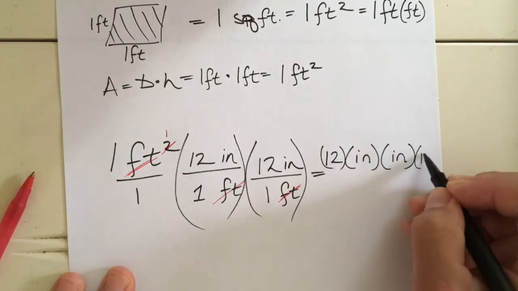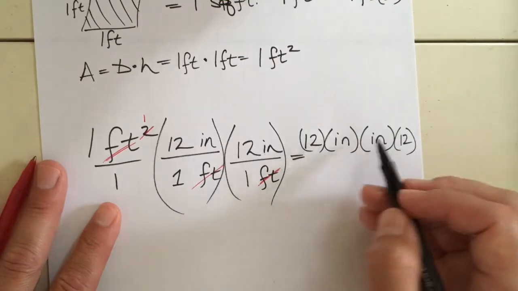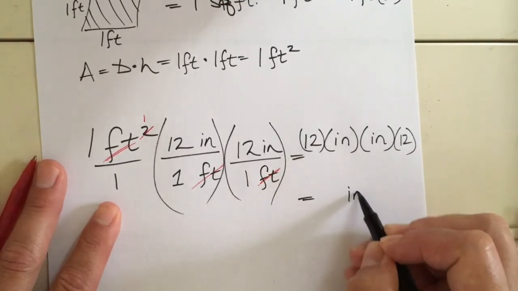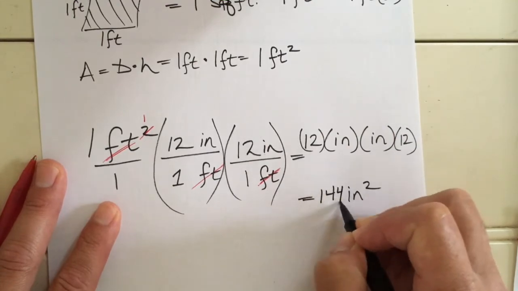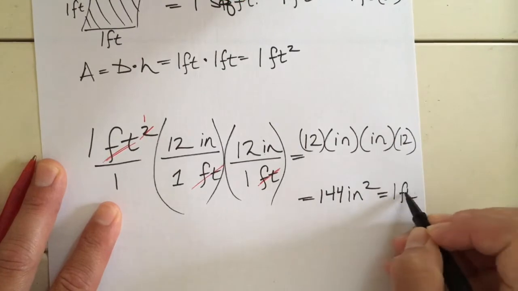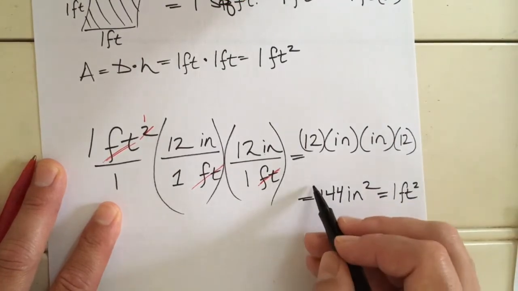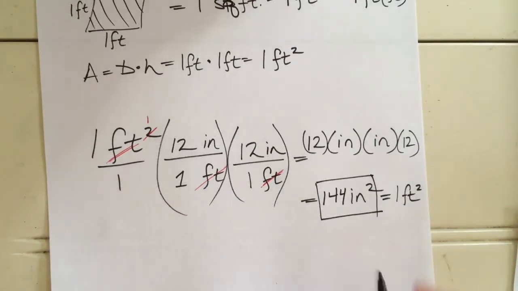So times another 12. So what we can see then, we multiply this out. Inches times inches equals inches squared. 12 times 12 is 144. So 1 square foot is actually equal to 144 inches squared. So not only when you square the units, you also have to square the number as well.